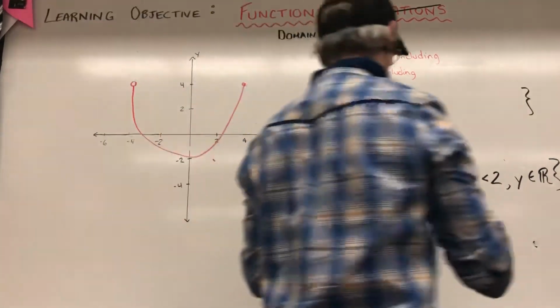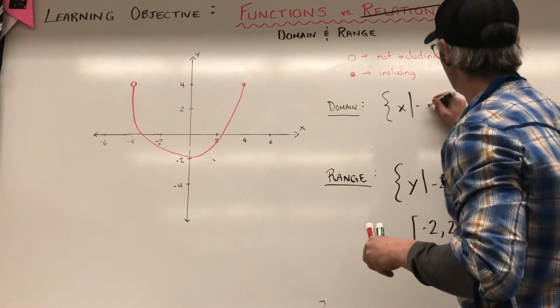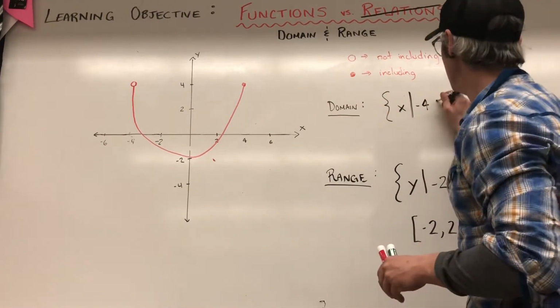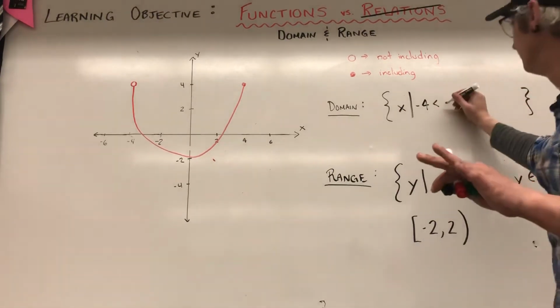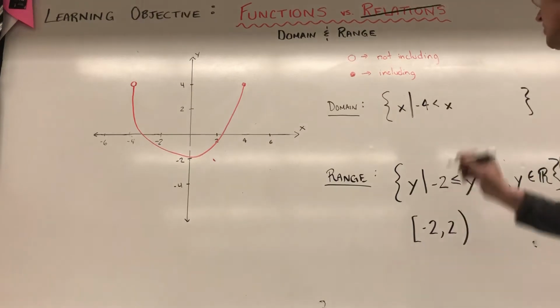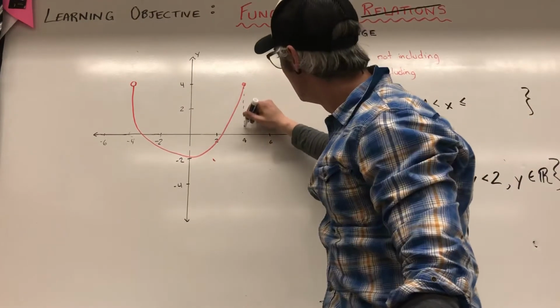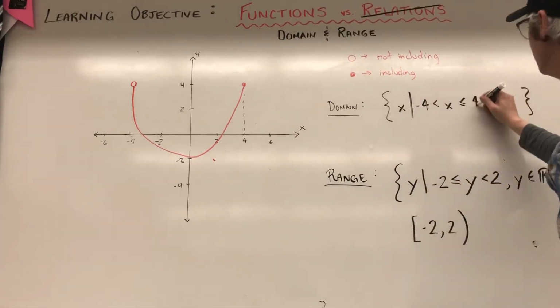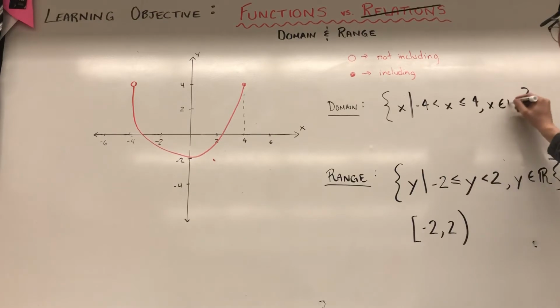So we're going from -4, and we can't be -4, so we just have to be bigger. We just have to be bigger than -4, so x goes in the middle, and it has to be smaller or equal to +4, because the dot's filled in. And then we finish it with the same thing, x is a real number.